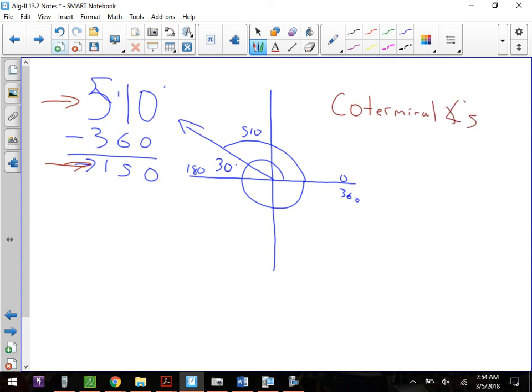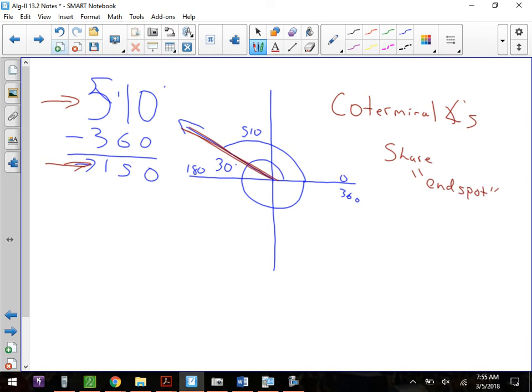Coterminal angles are just angles that share the same terminal side. Think of this: they share the same end spot, if you will. They have the same terminal side.